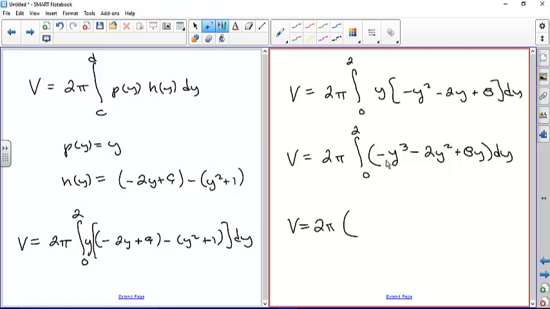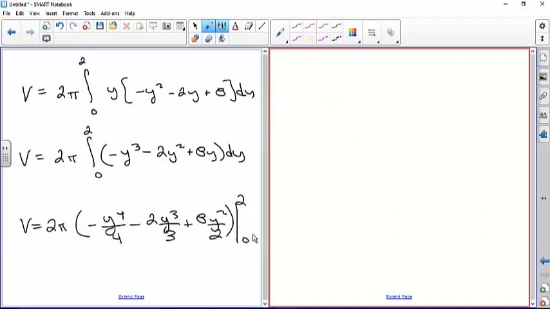So the integral of y cubed is y to the 4th over 4. The integral of y squared is y cubed over 3. And the integral of y is y squared over 2. We're going to evaluate that between 0 and 2. So again, one of the lower limits is 0, so we're going to get 0 when we plug that in.